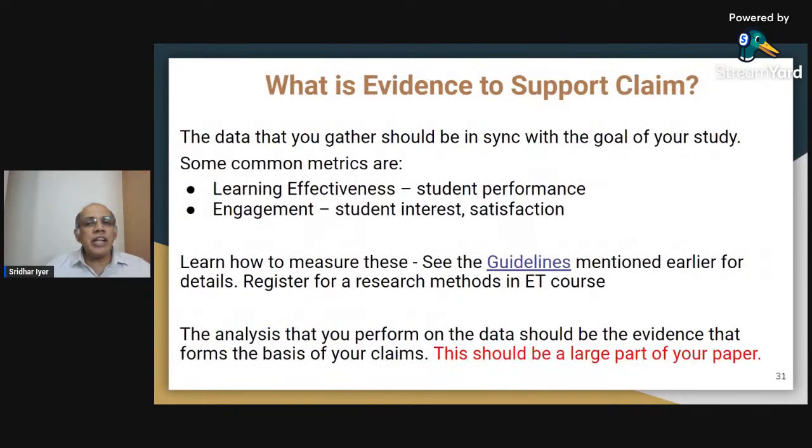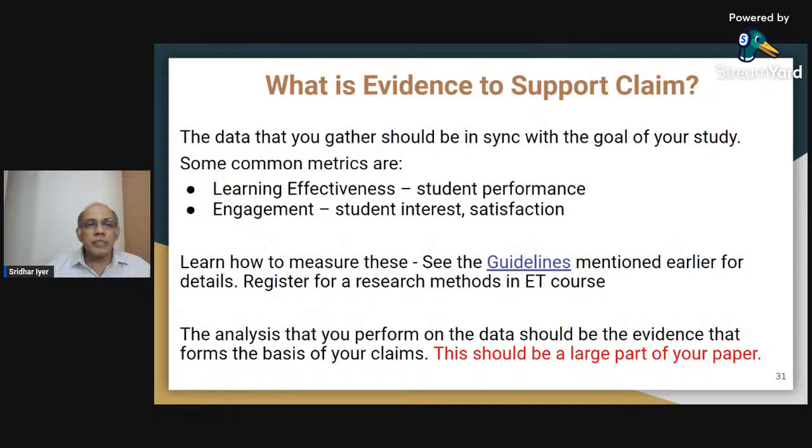And then there is the evidence to support your claim, right? Where the data that you have gathered should be in sync with the goal of the study. Like I mentioned earlier, your goal cannot be X and the intervention cannot be actually doing some Y, and your data cannot be for some Z. So here are some common metrics, learning effectiveness. So there are many metrics, of which the most common ones are, is my intervention effective?